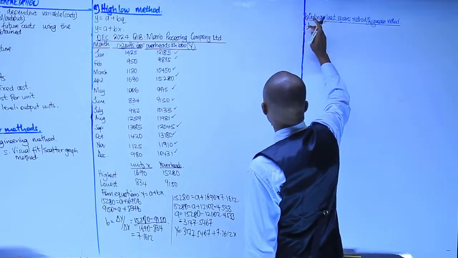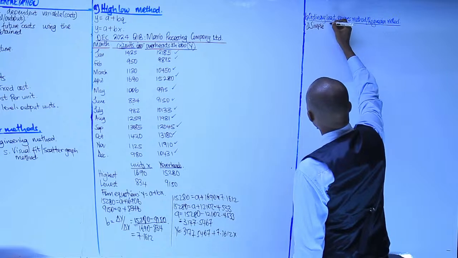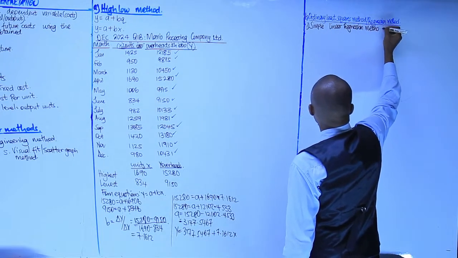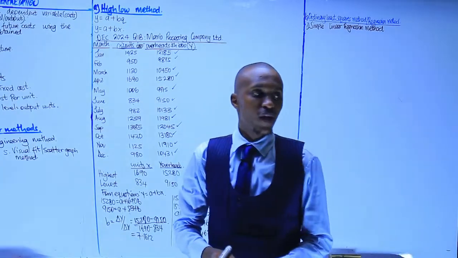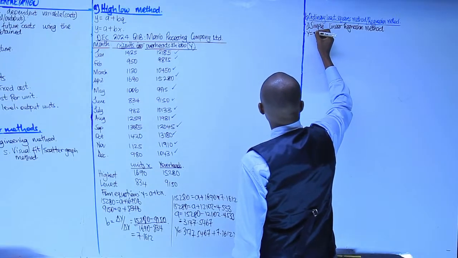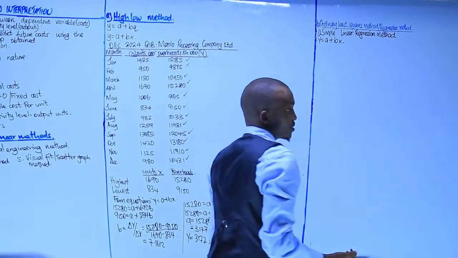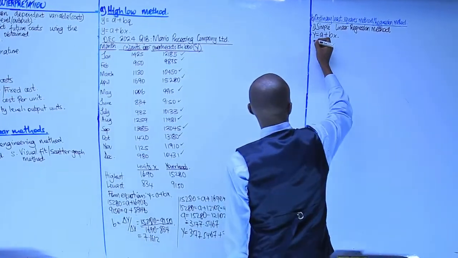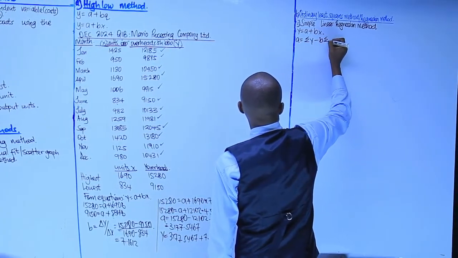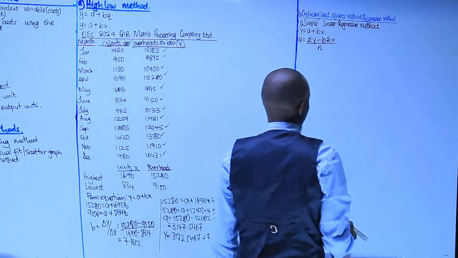First is ordinary least squares, which is a simple linear regression method, a cost estimation method that requires you to form simple linear regressions of the form y equals a plus bx, where a is given by the summation of y minus b summation of x, divided by n.